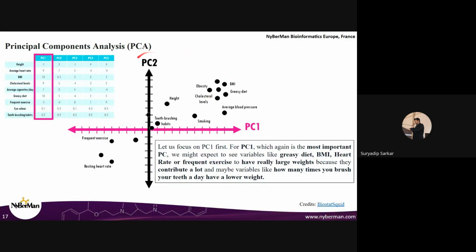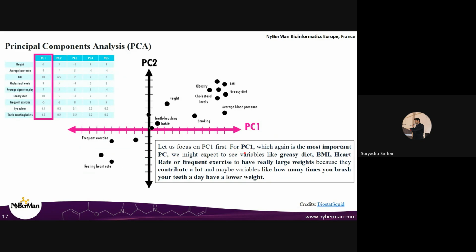This is known as the loading plot. On the x-axis, you have PC1, the y-axis is PC2, and you simply plot this. Say for example, we have plotted this for the PC1 loadings. Let us focus on PC1 first.